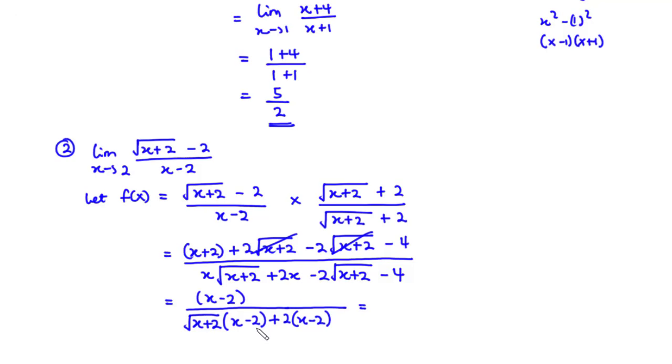Now x minus 2 is common to both 2 and then square root of x plus 2. So we can factor out x minus 2, and then inside of the brackets we have the square root of x plus 2 plus 2.